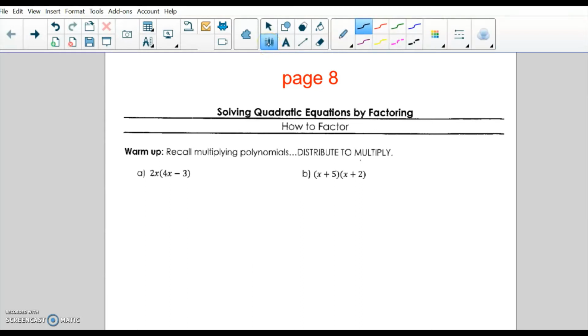So real quick, when you have a monomial, you distribute it. So we would get 8x squared minus 6x. So that's the distribution process to multiply. Over here on B, we take the first x and distribute it. So we get x squared plus 2x.